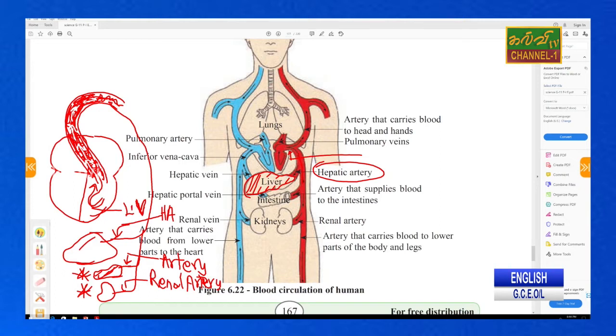And the liver, right? This is the liver. The liver gets oxygen through the hepatic artery. So most of the arteries carry oxygenated blood.